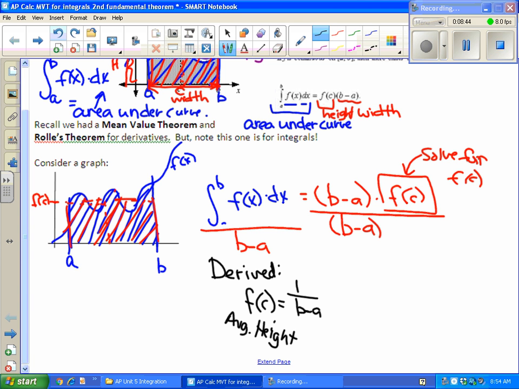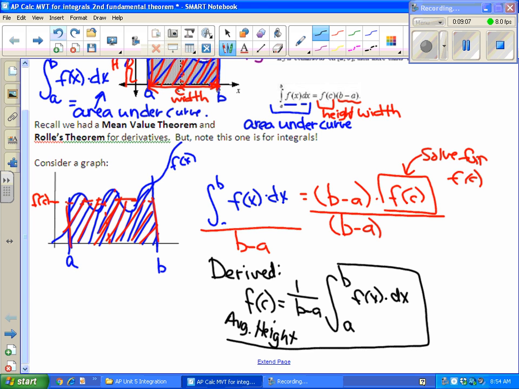Because b minus a is in the denominator, so I'm going to basically pull that out like a constant, because that would just be a number. Like that might be 3 minus 2 or 3 minus 1 or 5 minus 2, whatever the a and the b are. So since that's a number, I'm going to represent it as a fraction times the integral from a to b of the function f of x dx. This is really what we're going to be working with today. Okay? So far so good?